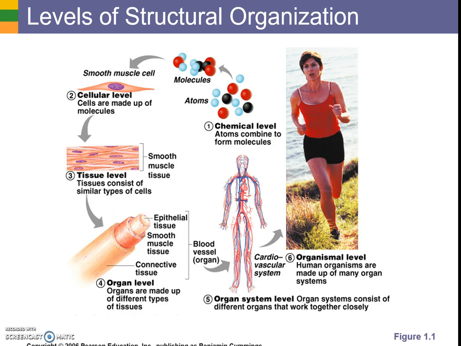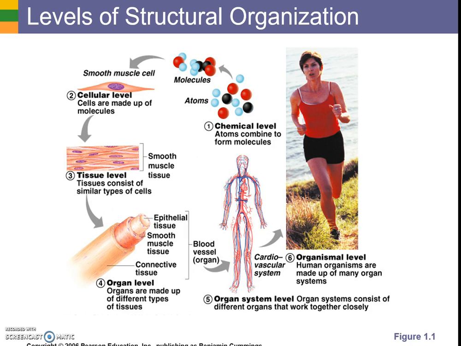One of the most important themes that we'll talk about the whole semester will be the levels of organization. And the levels of organization are very important because we need to know what makes up whatever subject we're talking about. In other words, when we're talking about a whole human being, what are they made up of? Well, first, they're made up of 11 organ systems.